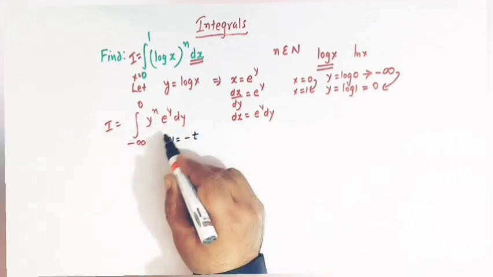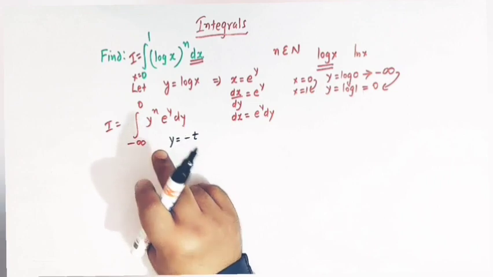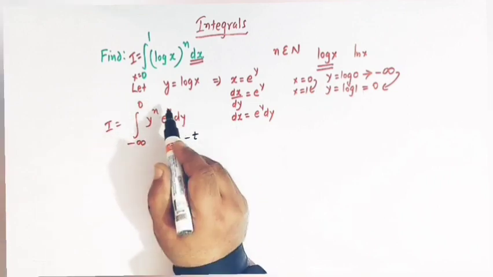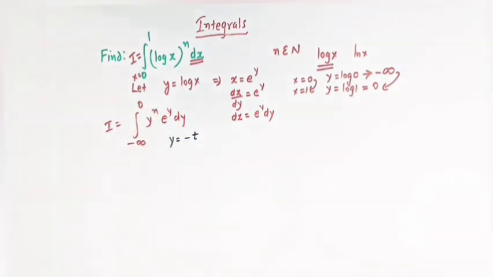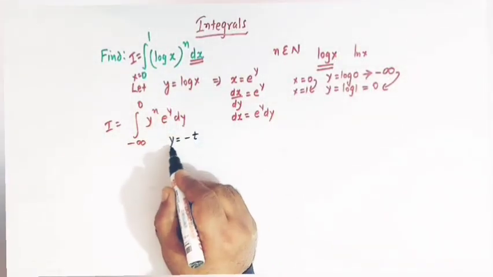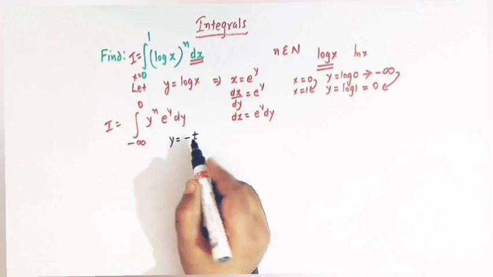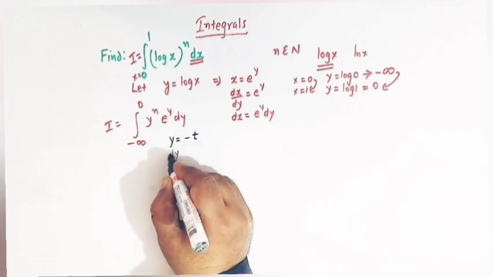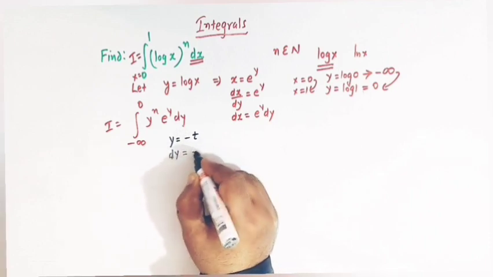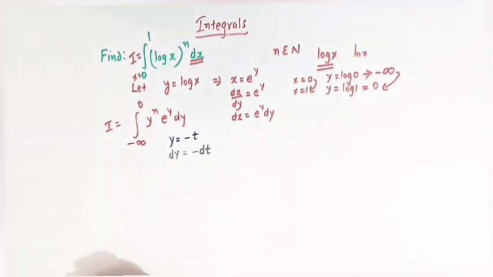Why are we making this substitution? Because we want to convert this integral into a gamma function. So we take y is equal to minus t, and dy is equal to minus dt.